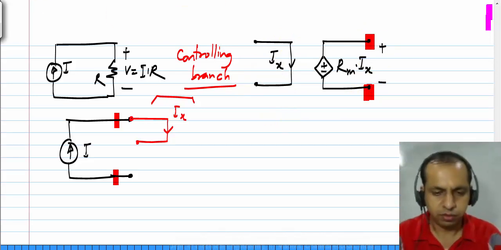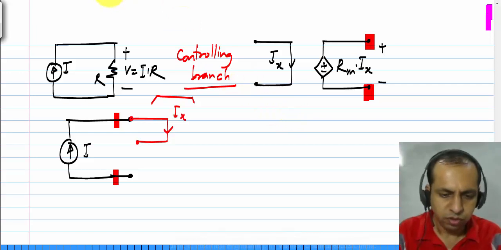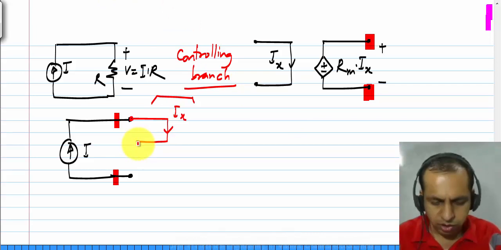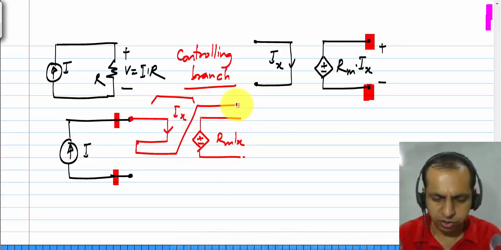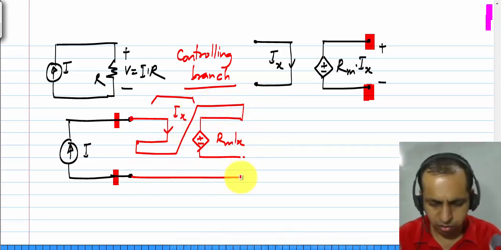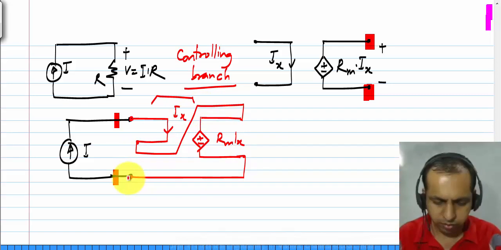Okay. So, what do I do? I just place the controlled branch in series with this whole thing. Okay.